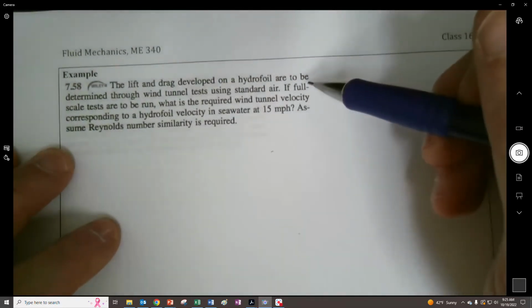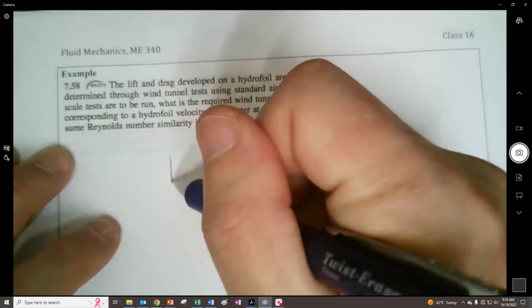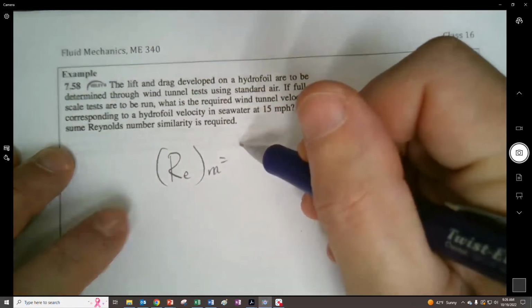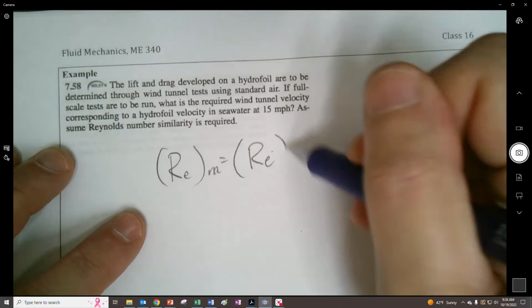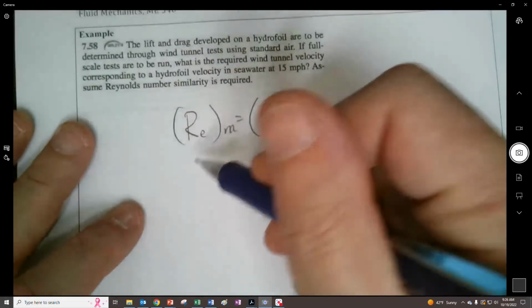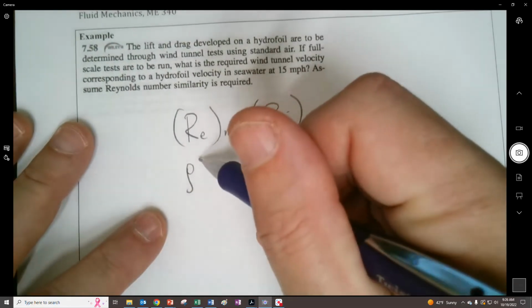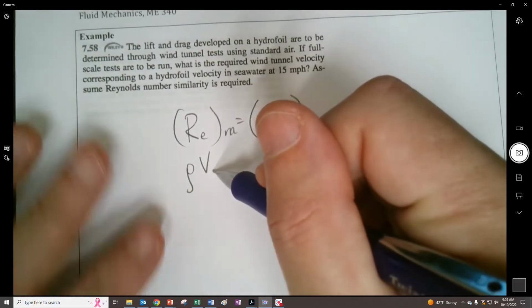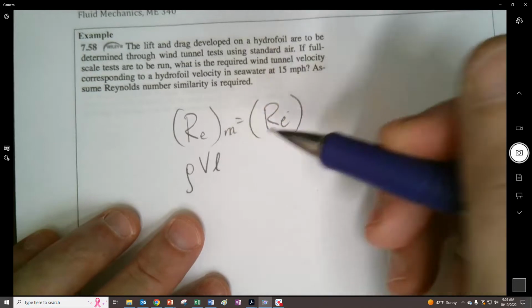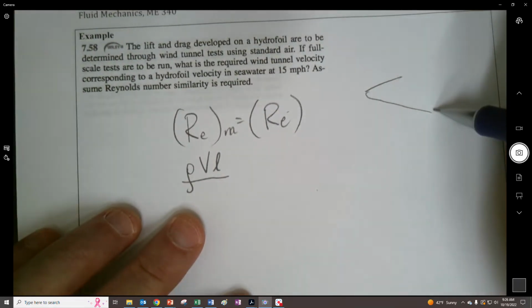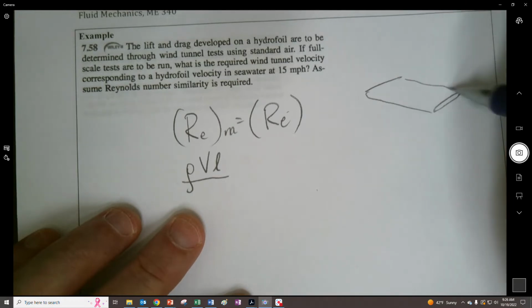Okay, so we have Reynolds number similarity is what we're going to go with. The model, that's supposed to be M, versus the real thing. And so Reynolds number here, this is what we usually write for Reynolds number. We're going to say there's a characteristic length of some sort. We don't know quite what it is. It could be the width or the length of the hydrofoil.